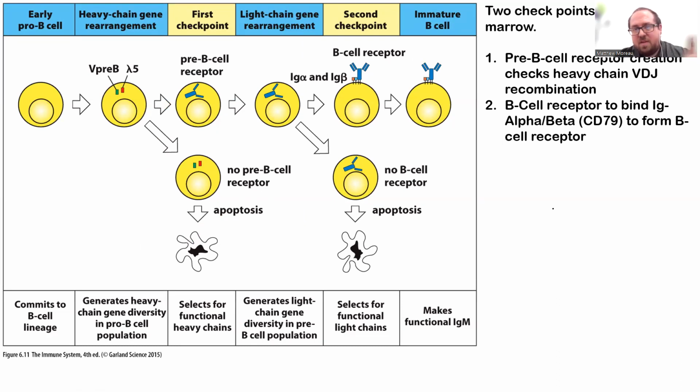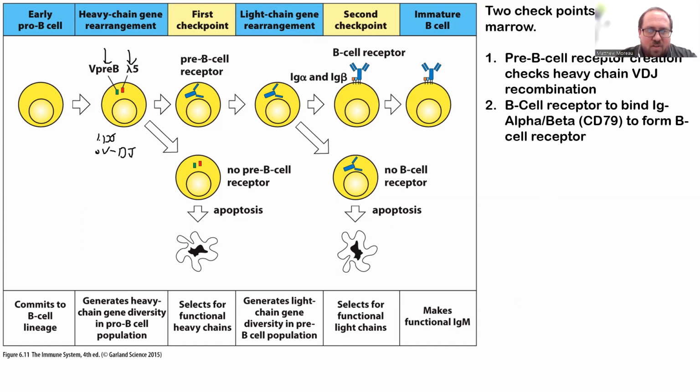So here it is, in kind of a grand view. The early pro-B cell begins to produce V pre-B and lambda 5 as it's rearranging the D and J. So 1 is D and J, and then 2 is V to the D and J segment of the heavy chain.